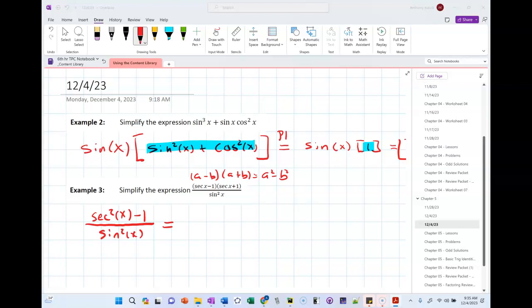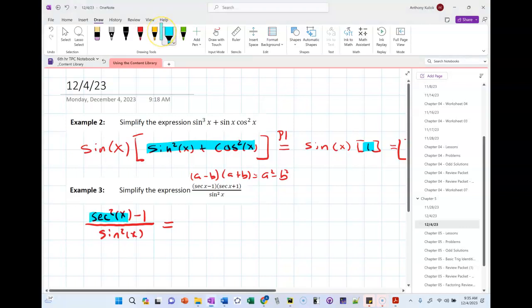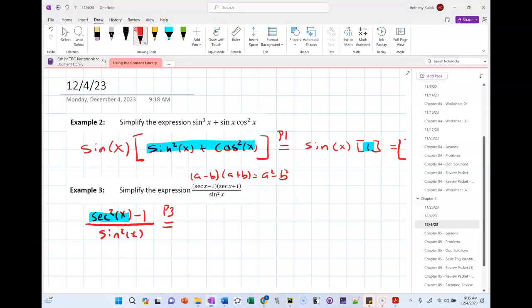Yeah, P3. Right? So what does P3 say? It says that secant squared is equal to tan squared plus 1. So I'm going to take the secant squared and I'll replace it with tan squared plus 1.